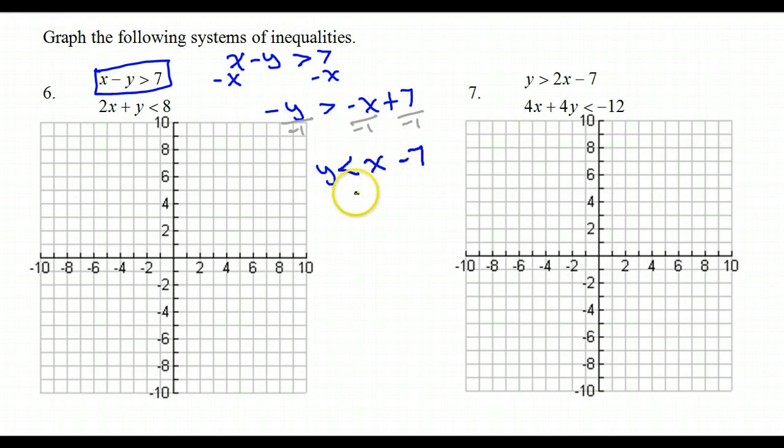Okay, so I've got this. Let's go ahead and graph this one. So that's going to be -7, and then up 1, right 1. Okay, and this should be a dotted line.